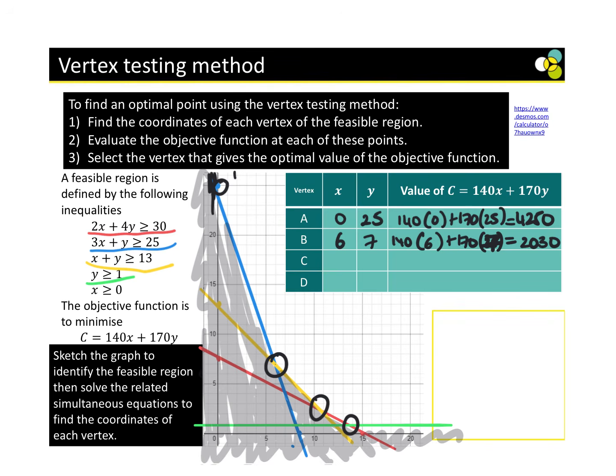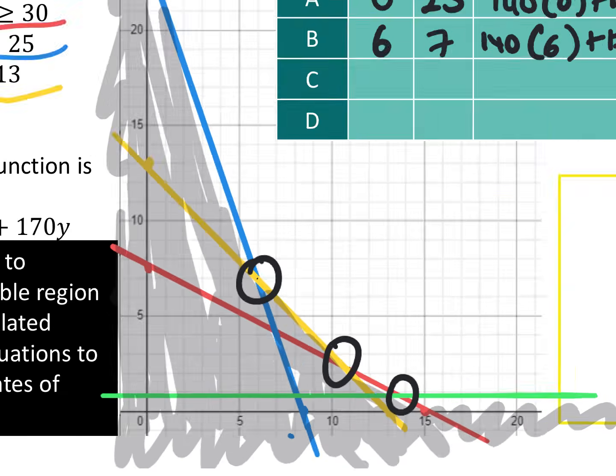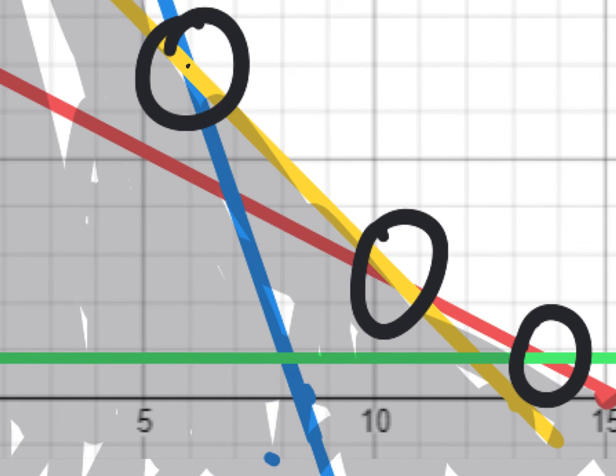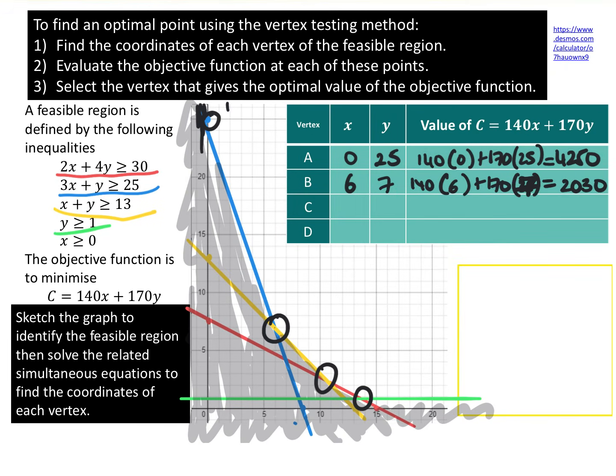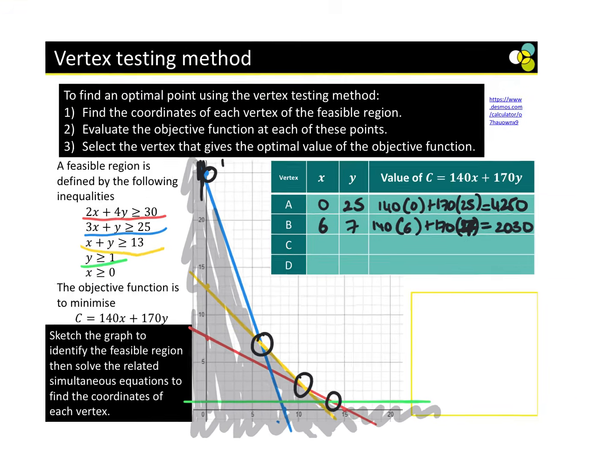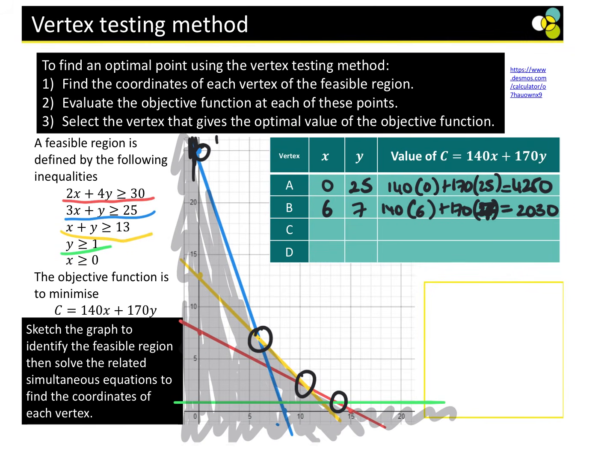Okay, the next one. Do I really know what's happening here? No. So what's that, red and yellow? Okay, I'm just going to quickly do simultaneous equations. When in doubt, work it out. I'm going to do 2x plus 4 lots of 13 minus y. Is everyone happy how quickly I've rearranged that? Yeah?